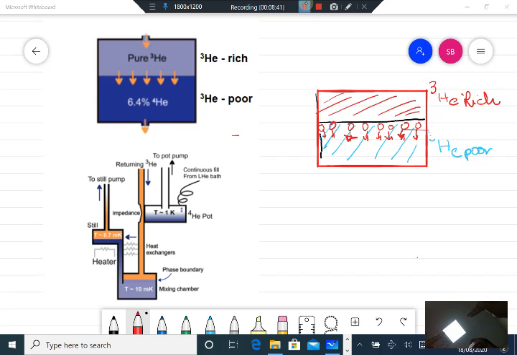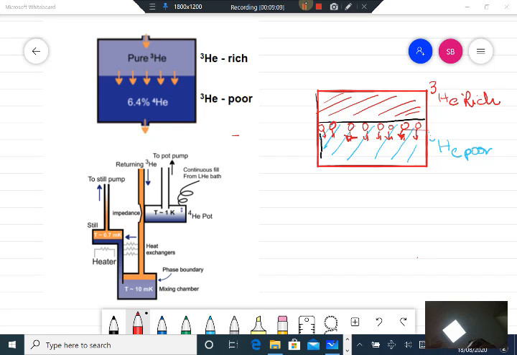You could have thought of the helium-3 rich phase as the bottom, with molecules evaporating out of this rich phase. But now because of the low density rich phase, you have it on top, and the higher energetic molecules, shown in these red circles, are entering into the helium-3 poor phase where there is a low density of helium-3.